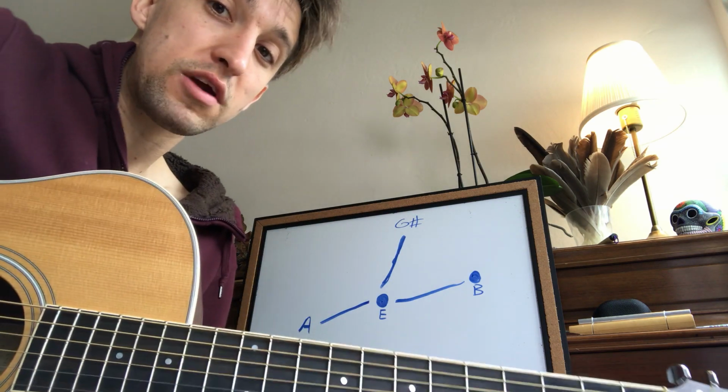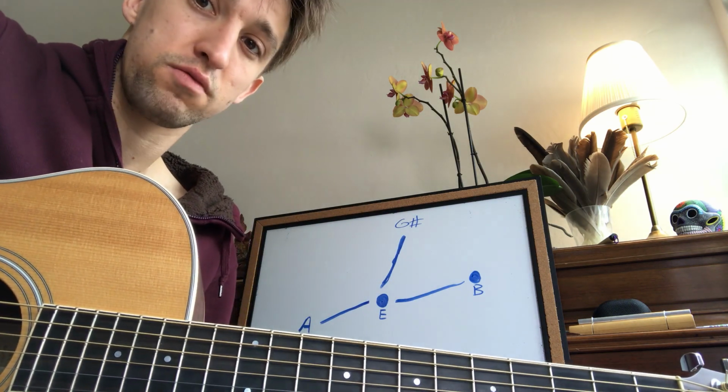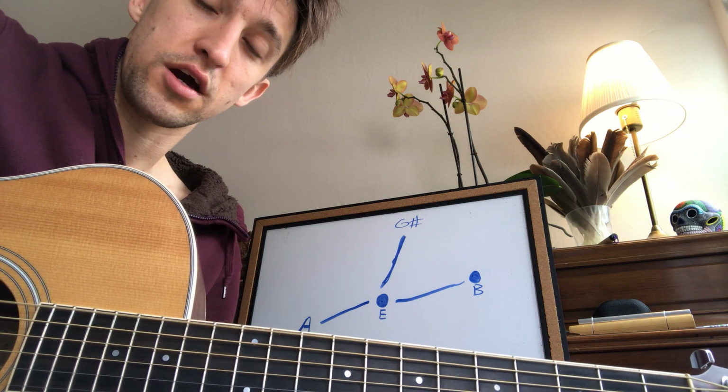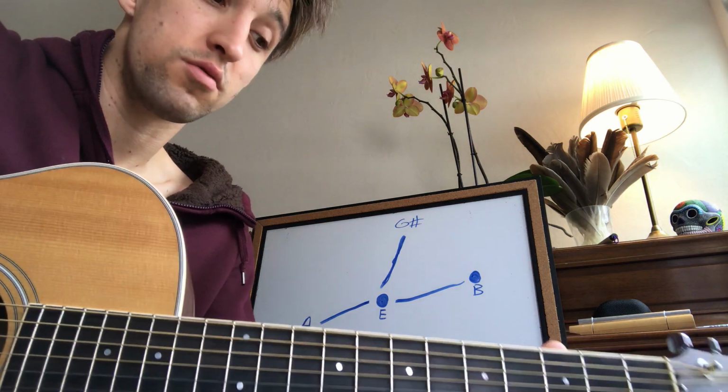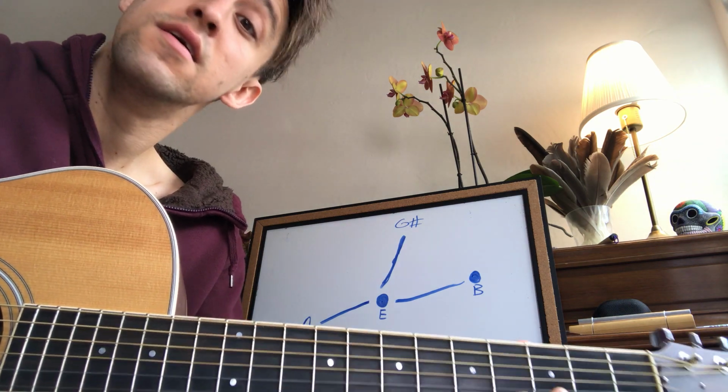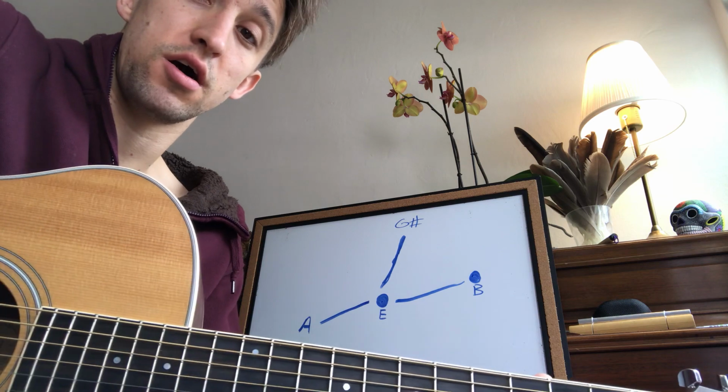So we've got our tonic, our E, we've got our B, our G sharp, our A, and we've got one more direction to go.